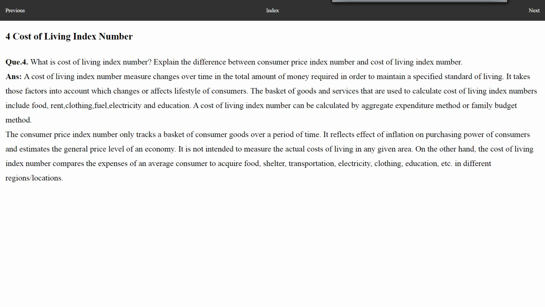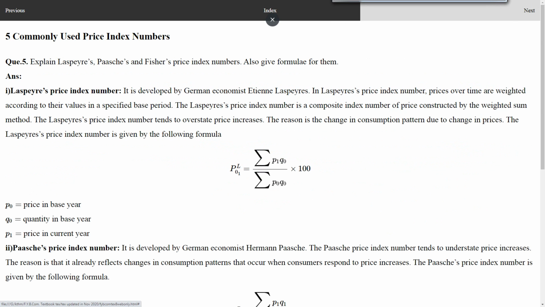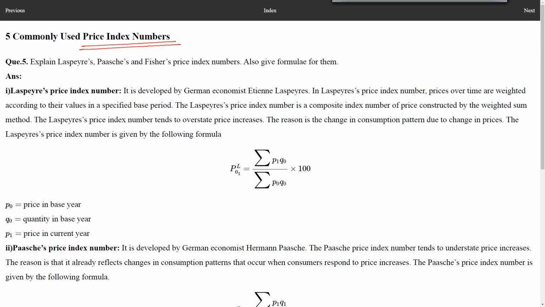Let us see the next concept in price index numbers. As I have mentioned in the very first lecture on this topic, we are mainly going to focus on consumer price index numbers or price index numbers.